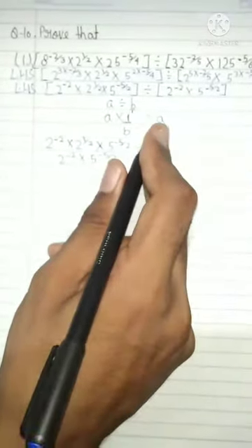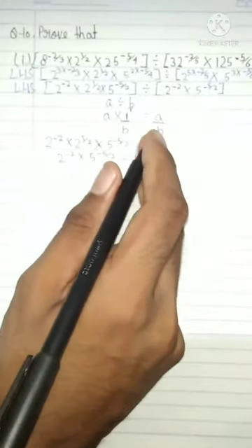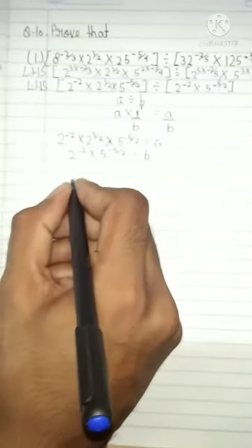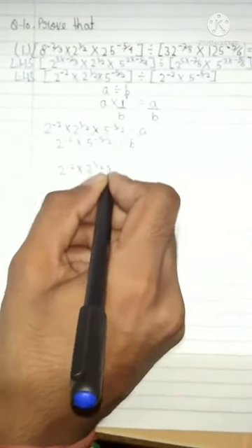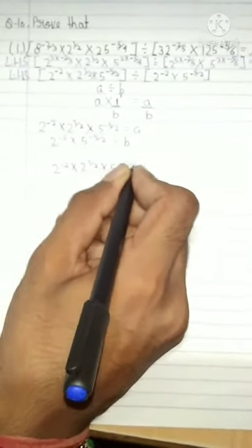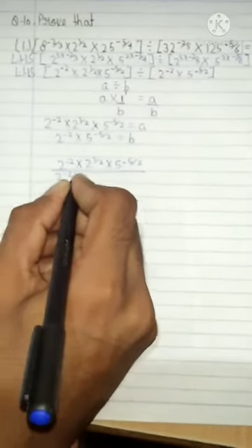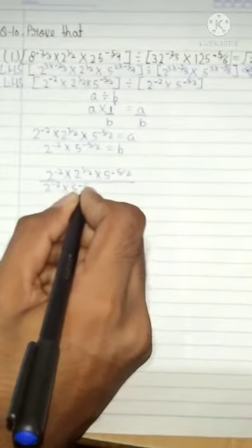Then you can write in this form, I had told already also. So write 2 के पावर minus 2 into 2 के पावर 1/2 into 5 के पावर minus 5/2 upon 2 के पावर minus 2 into 5 के पावर minus 5/2.